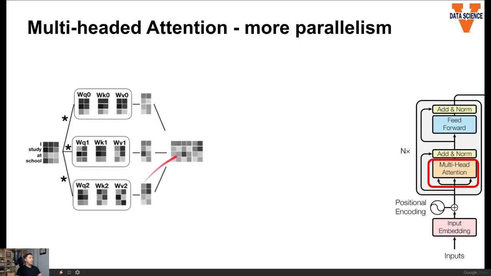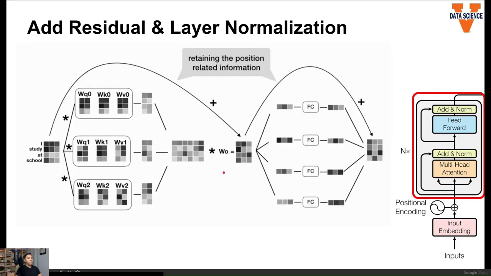And notice, if you concatenate different matrices, it might not have the same size as the original encoding. So what I'm going to do next is try to map it back to the original encoding size by multiplying it by some weight W_O, and W_O is also a learned matrix through backprop.